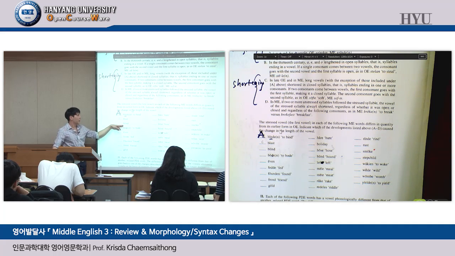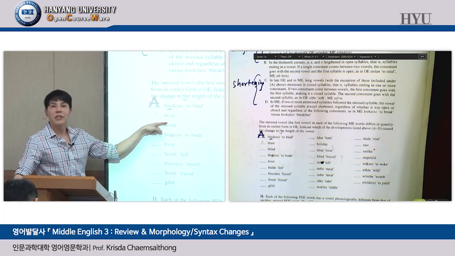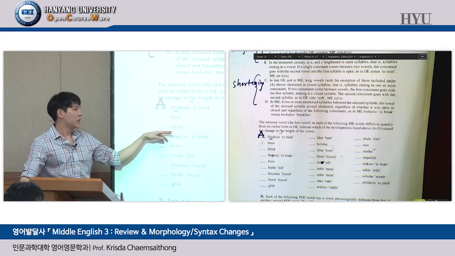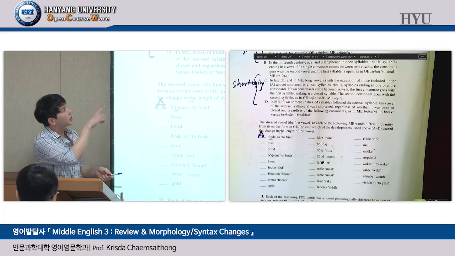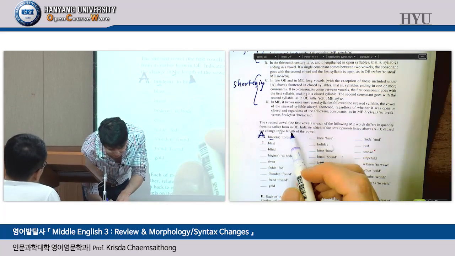So in the third one, blind, right? Blind. Also, you see the lengthened E here. You see that it's a closed syllable, closed in the cluster, the voiced cluster ND type, right?